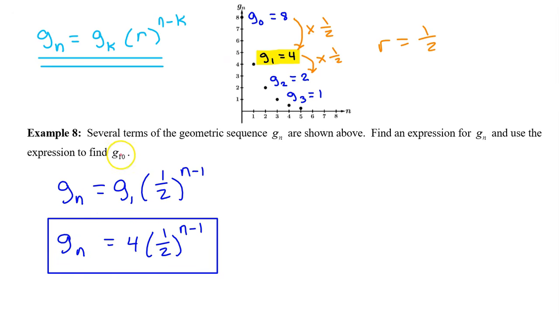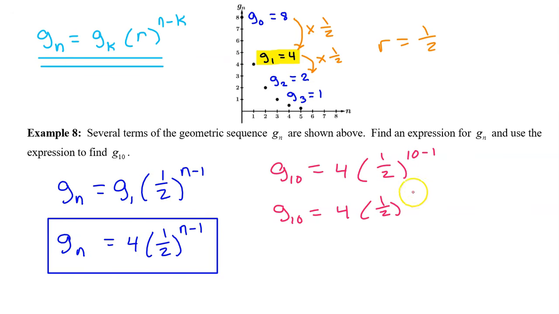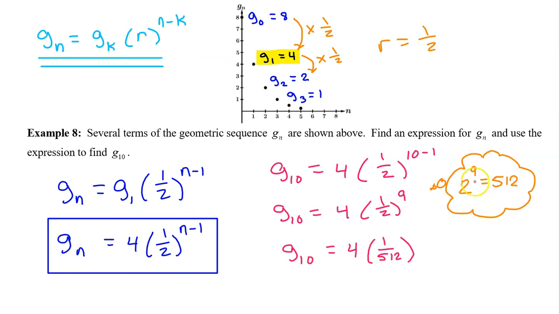Now let's use it to find G10. G10 should equal 4 times 1/2 to the 10 minus 1 power. So that means G10 should equal 4 times 1/2 to the 9th power. 2 to the 9th power is 512.